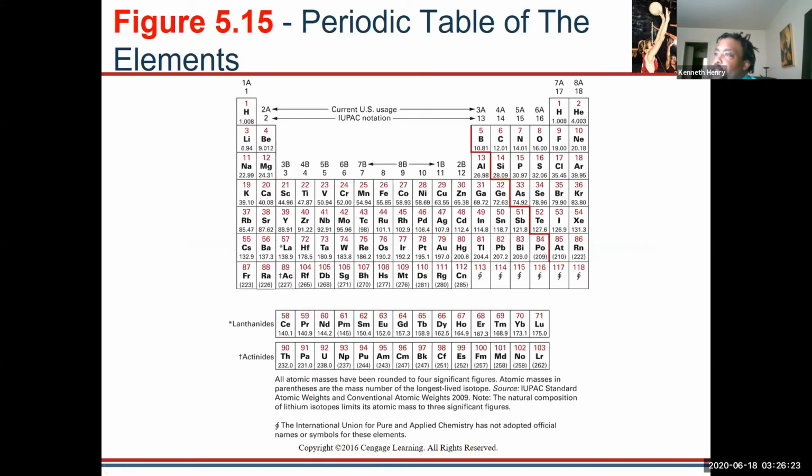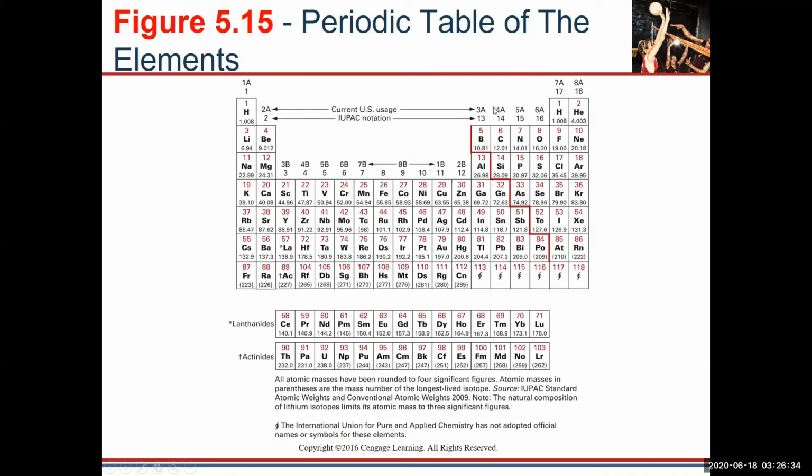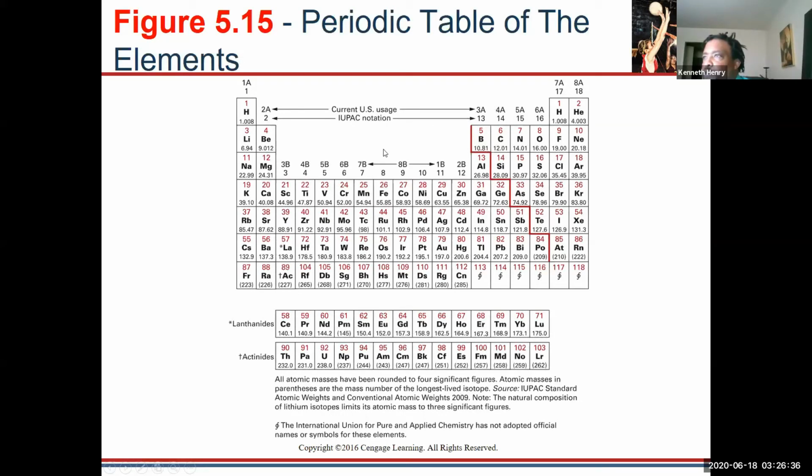Okay, so here's your periodic table. Up top, these are called what? Groups. That's right, they're groups. And along the sides, the numbers on your periodic table are called periods. That's correct.